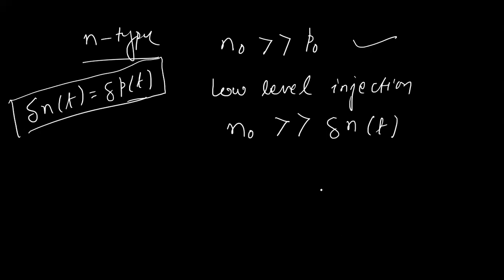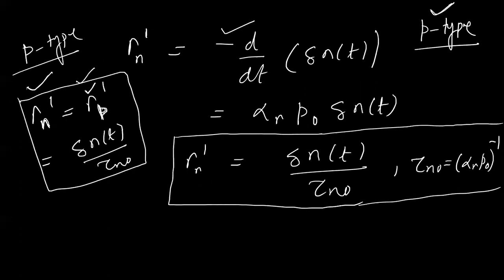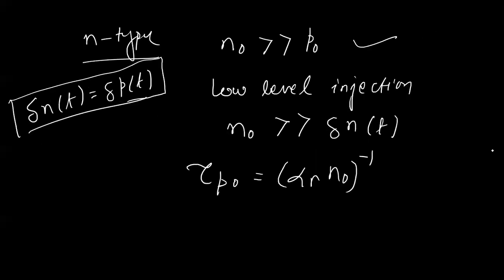So here the same way we can write, substituting all these, tau p0 is equal to alpha r n0 to the power minus 1, the same way like we did here, where we wrote tau n0 is equal to alpha r p0 to the power minus 1.